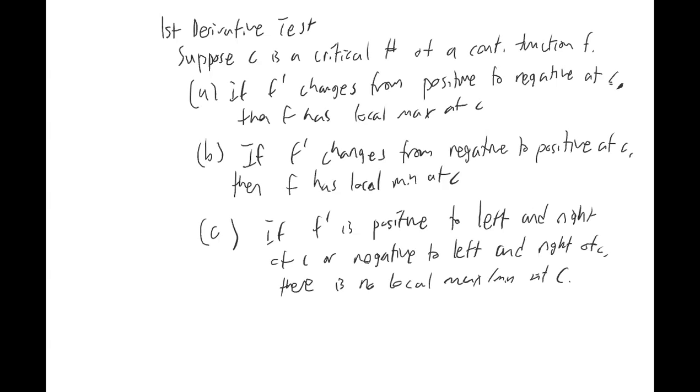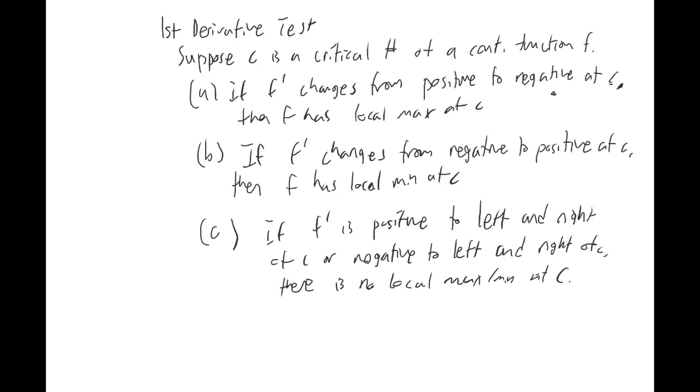So let's see why. The first part: let's say this is the point C, where the derivative is 0. If to the left of C it's positive, was my function increasing or decreasing to the left of C?